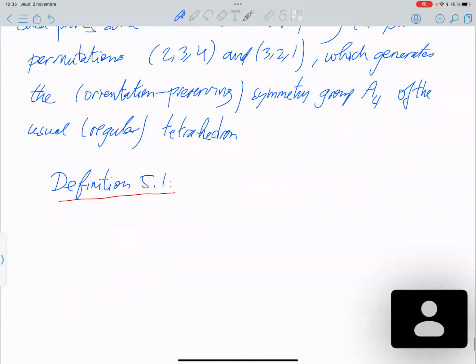Let C be a monoidal category with left dual. We will consider three functors from C cubed to the category of sets, and we will consider natural transformations between these functors.